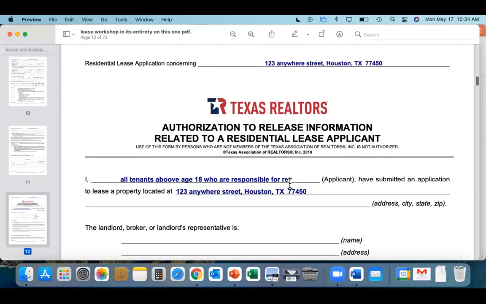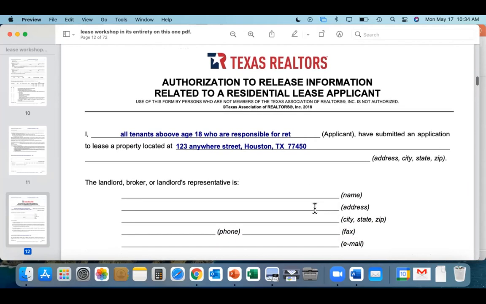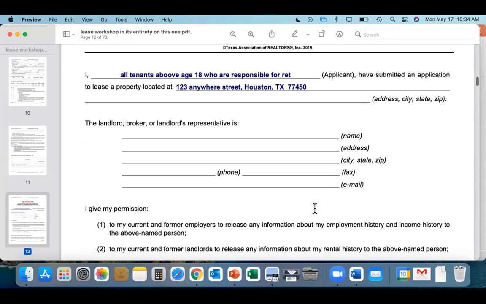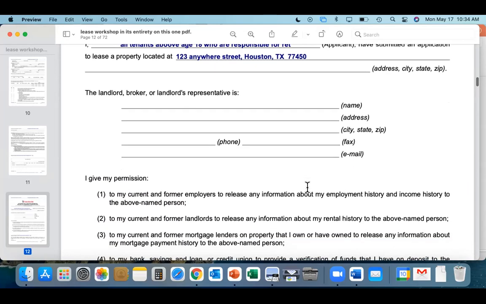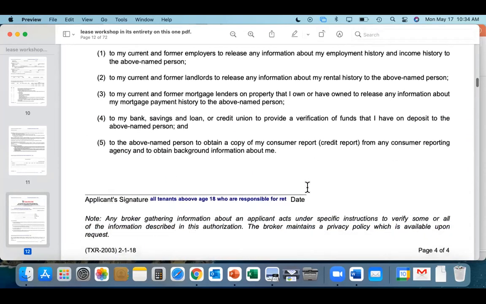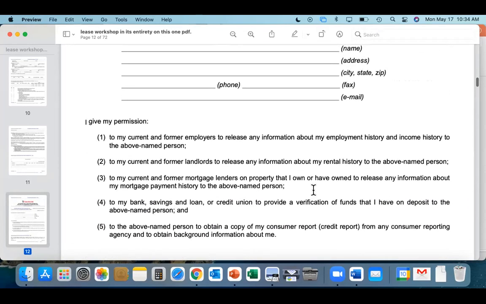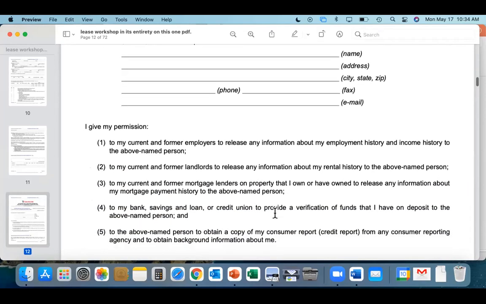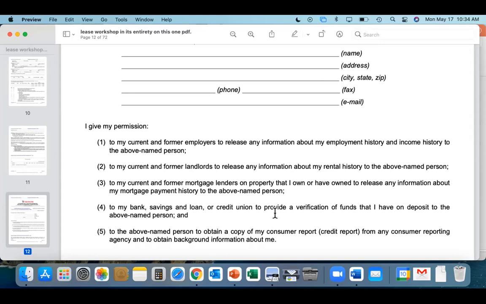We have another form called authorization to release information related to a residential lease application. And this is a form where a tenant, if a landlord requests it, can go ahead and sign and approve that I'm okay with the landlord's broker and landlord's representative looking at my stuff. I give permission to my current and former employers to release any information, to my current and former landlord to release any information.